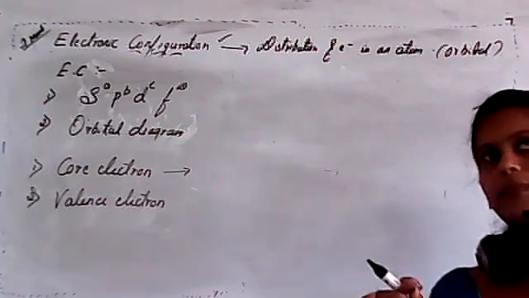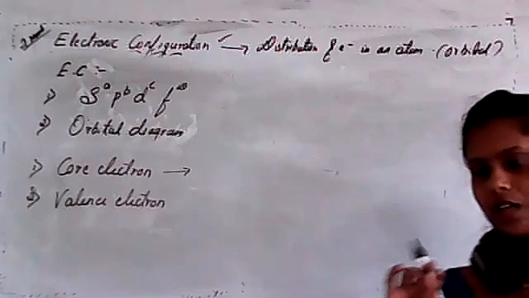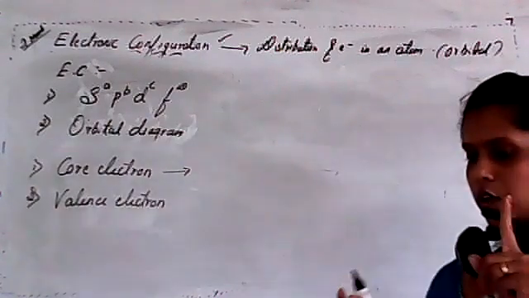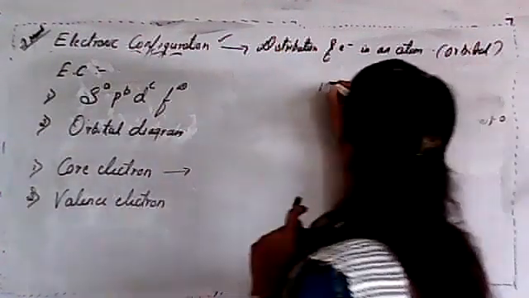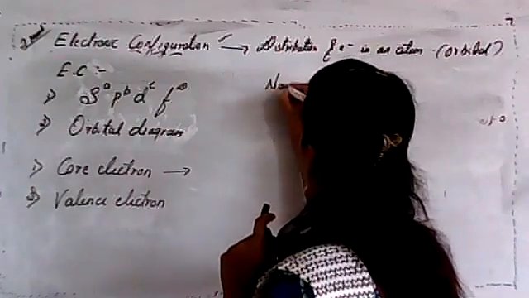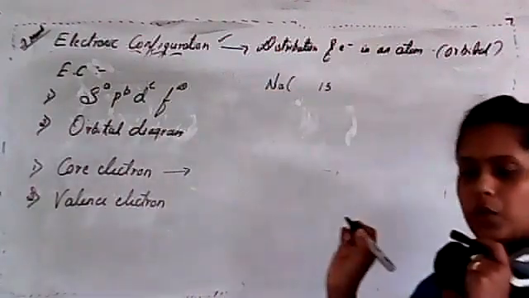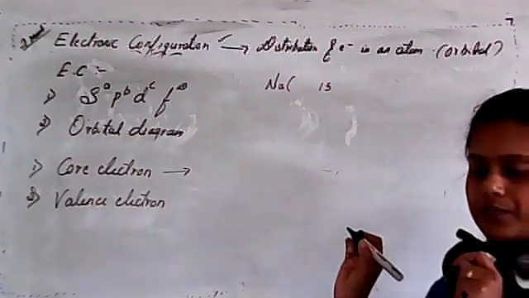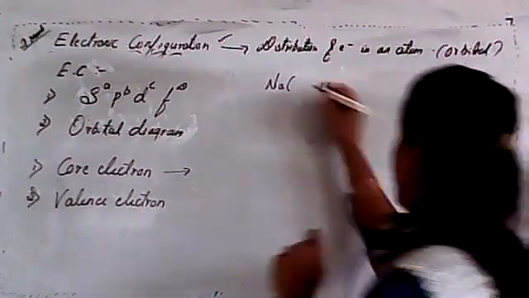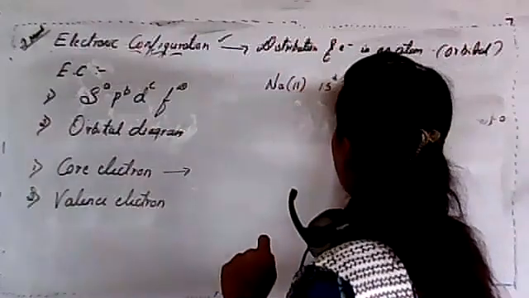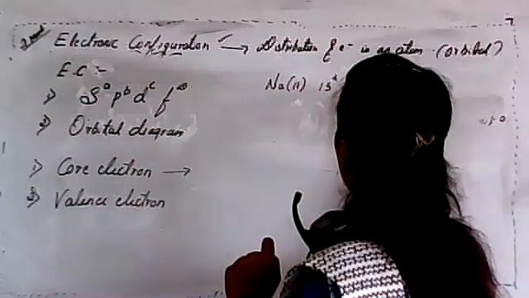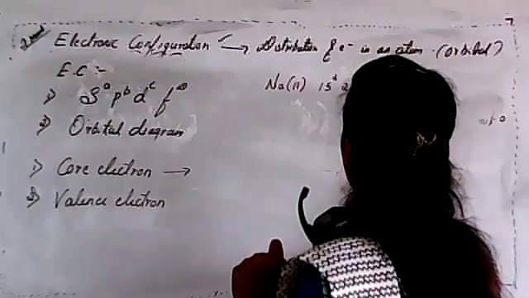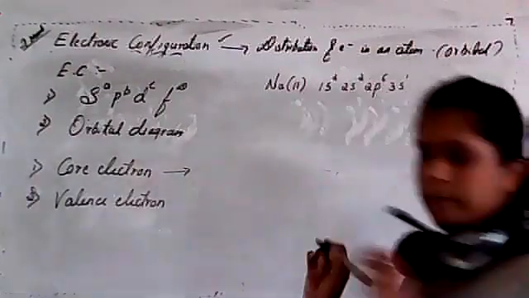I'll consider sodium. We know the electronic configuration. What is the atomic number of sodium, students? Reply. 11, isn't it? So that is 1s2, 2s2, 2p6, and 3s1.